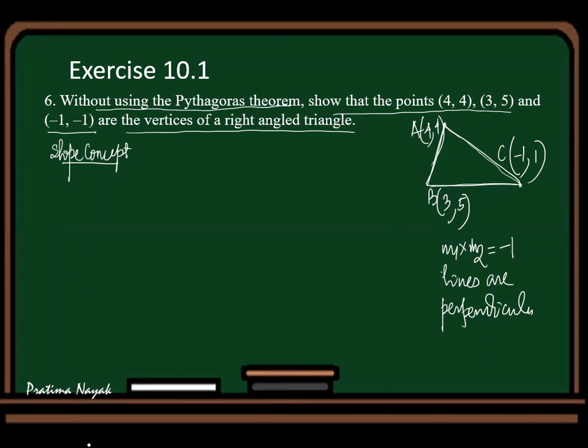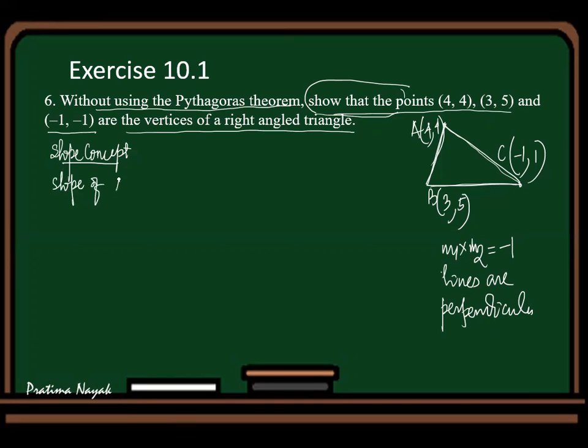Then I'll see by multiplying two of them whether they give minus 1. If the question is to show that it is a right triangle, then certainly one pair will give a product of minus 1. So first I'm taking the slope of AB.